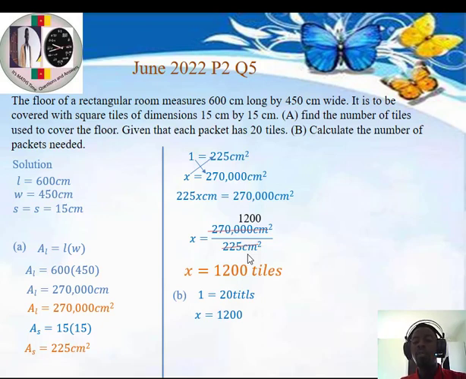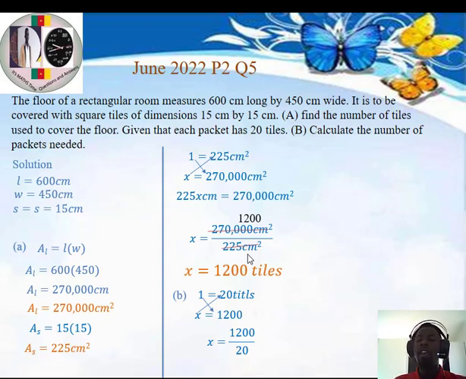Again, we cross multiply, and we have x times 20, which gives us 20x tiles, equal to 1200 tiles.